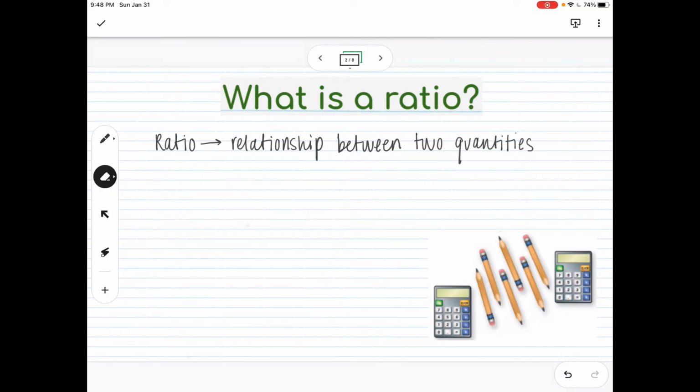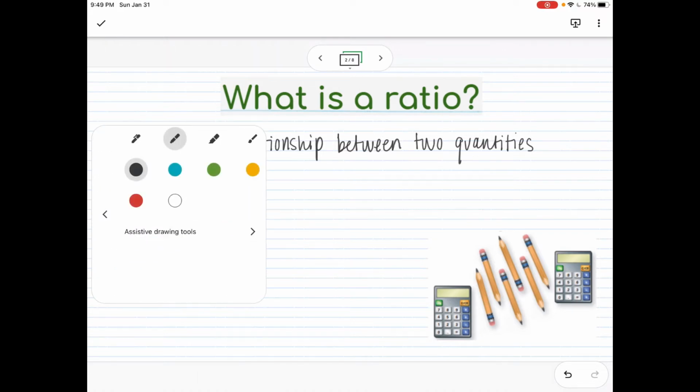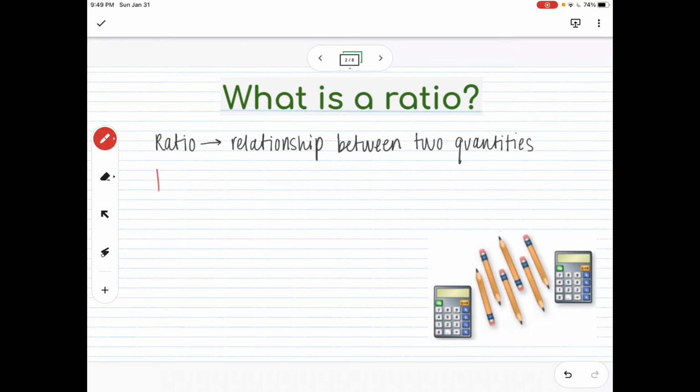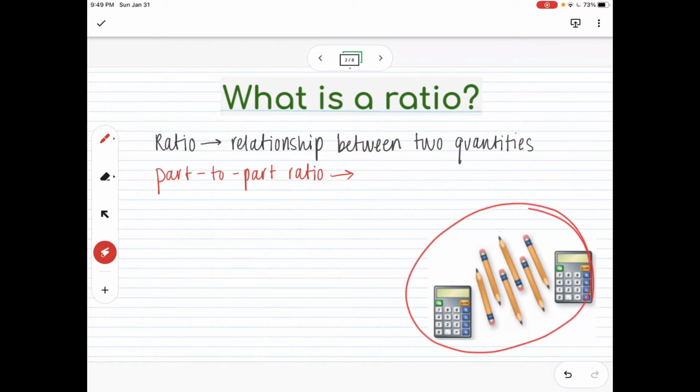So we have something called a part-to-part ratio. And that describes different parts of something. So part-to-part ratio, as it sounds, it describes different parts of something. For example, when we look at this picture down below, you see calculators and pencils.